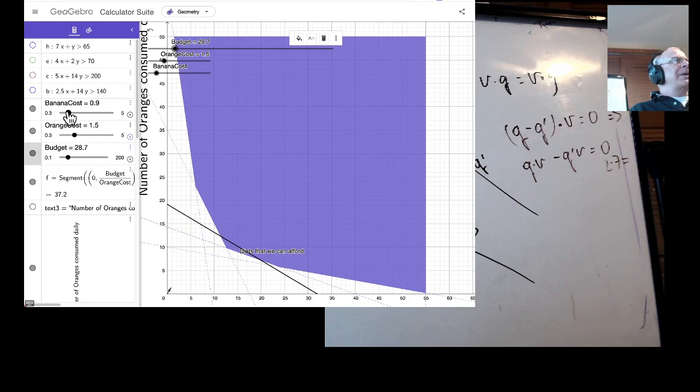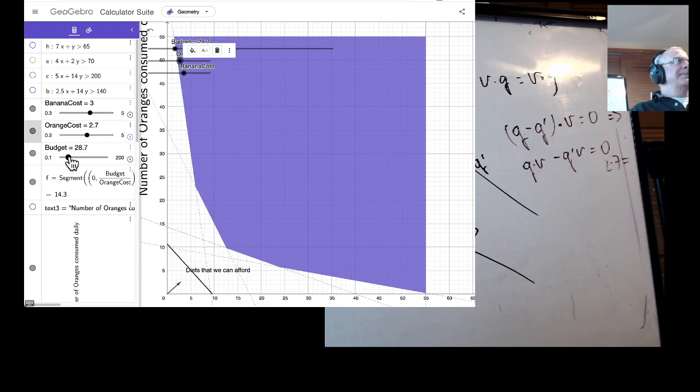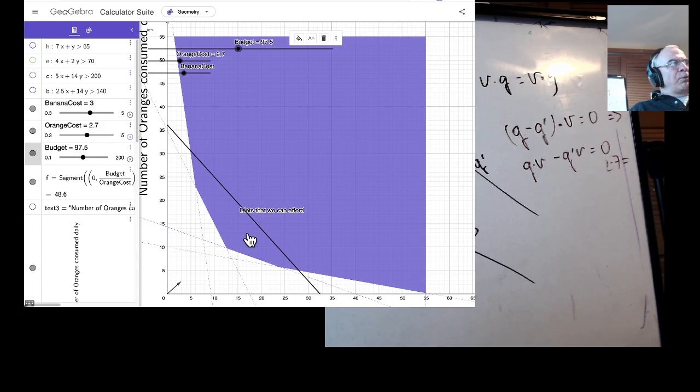Let's make my banana cost a bit larger so you'll see that C actually changes. If I move in the direction of C, then the diet will be more and more expensive. To be precise, this is the direction at which I'll get the maximum increase. So that would be maximizing, say, the revenue that you are trying to make from selling bananas and oranges.